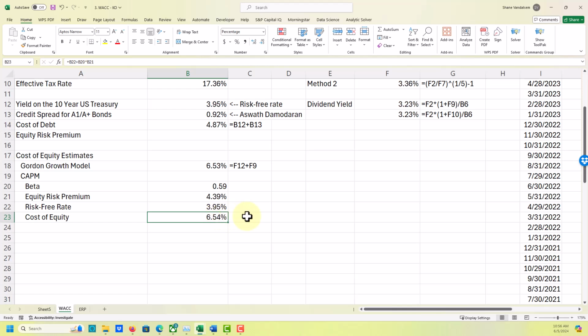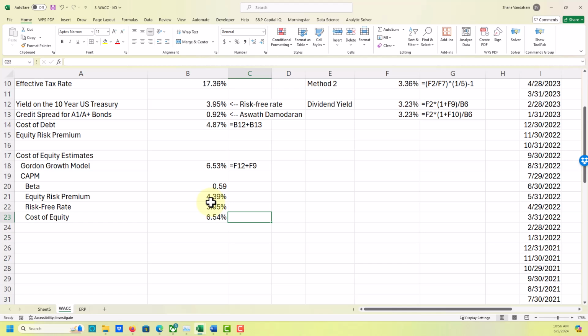So we actually get two very close estimates, 6.53% using the Gordon growth model, 6.54% for the cost of equity using the capital asset pricing model. This is a happy coincidence. It typically does not look this nice, but that is the outcome we got here, that we're getting two values that are very close.